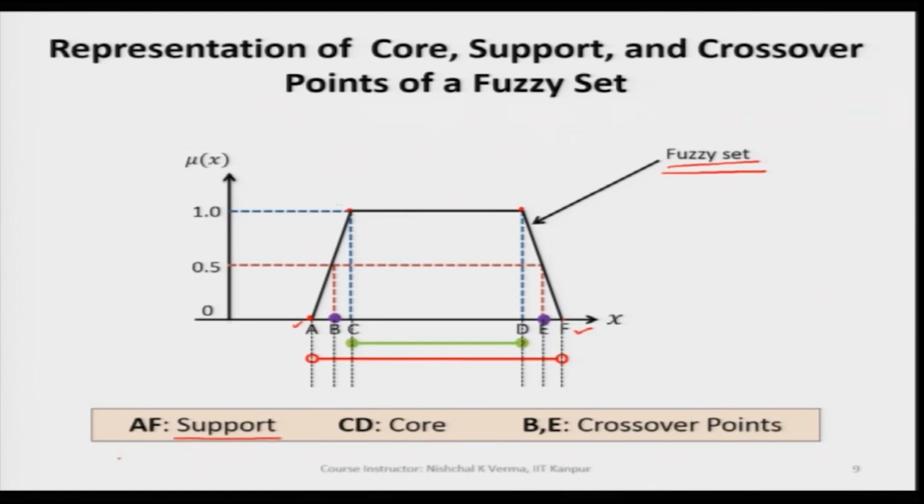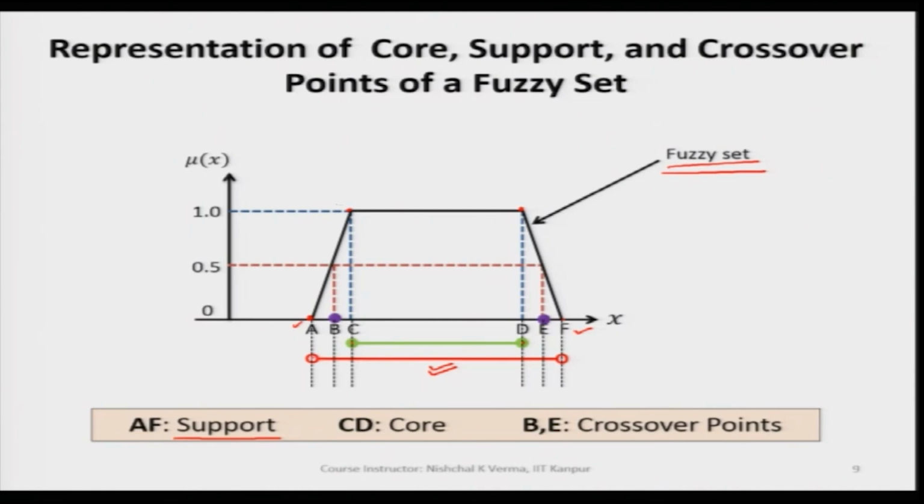So, this way we can say the support of the fuzzy set is represented by this red line, and please look at the ends of this line at A and F. We see hollow circles at both the ends.